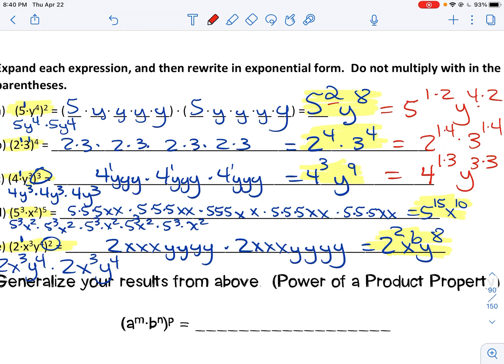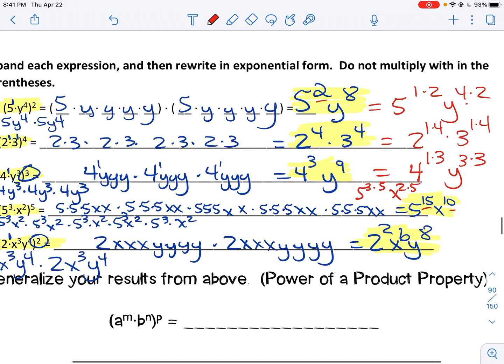This one I'm going to do right here: 5 to the 3 times 5, x to the 2 times 5. 3 times 5 got the 15 that's right here. 2 times 5 got the 10 that's right there.